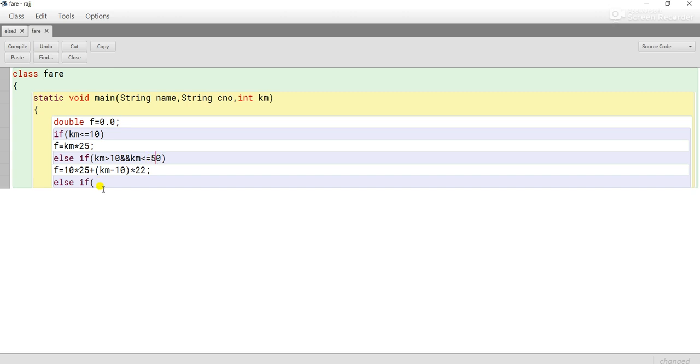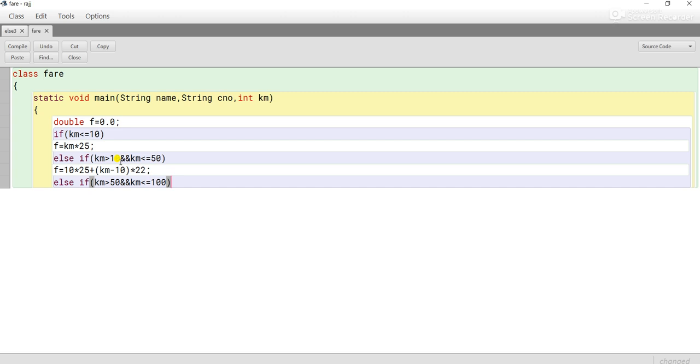The next case they told is the next 50 kilometers, which means after 50, the next 50 kilometers, up to 100 kilometers. For that we need to define the condition like this: kilometers greater than 50 and kilometers less than or equal to 100. For the previous case, meaning of next 40 kilometers is after 10, next 40 we need to take.